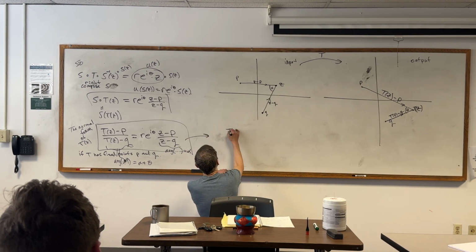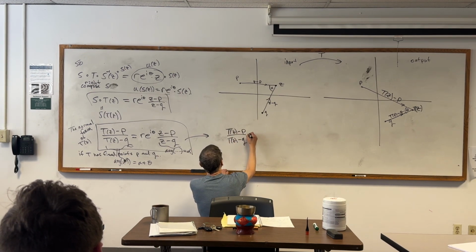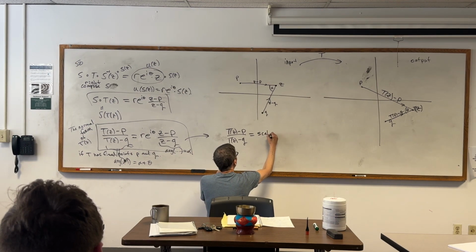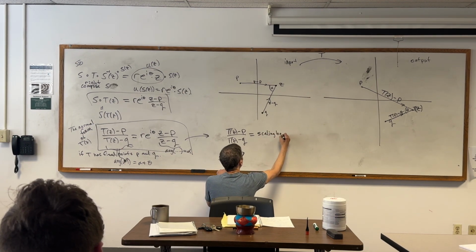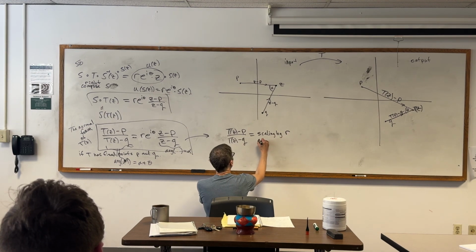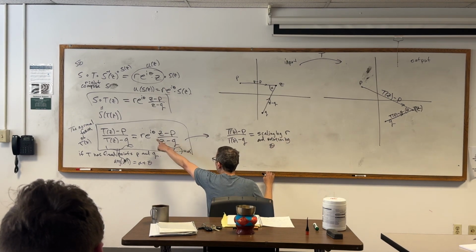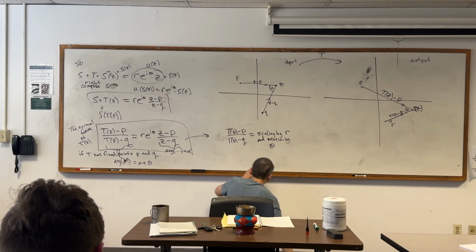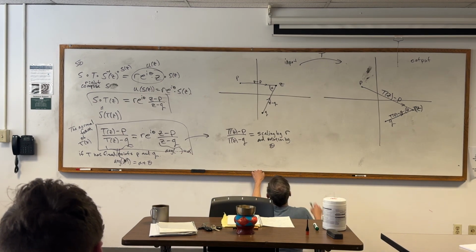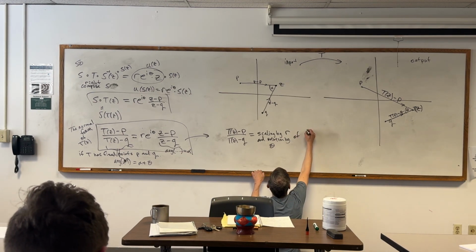So we can think of this as T of z minus p over T of z minus q equals a scaling by a factor of r and rotation by theta. And this theta is something we'll be able to find. We're going to actually compute, we'll know exactly what r and theta are with a real problem. And we're going to do an example to see that. And rotation by theta of this quantity.